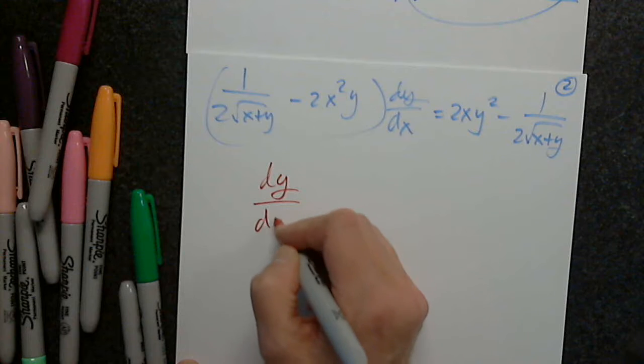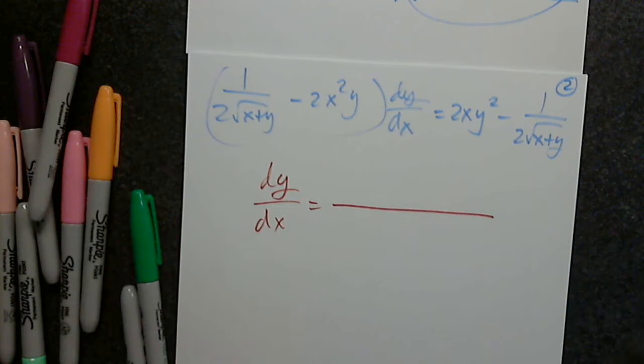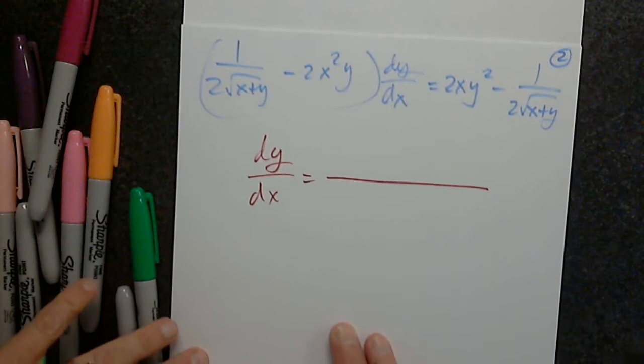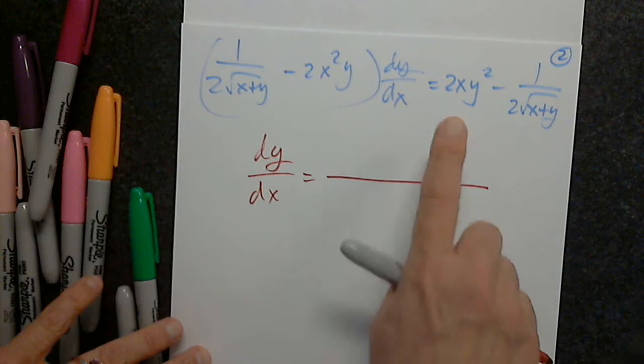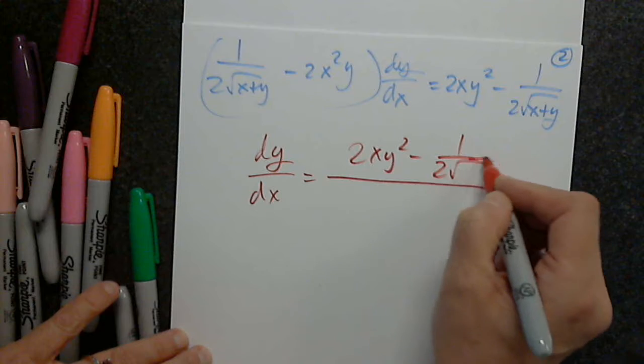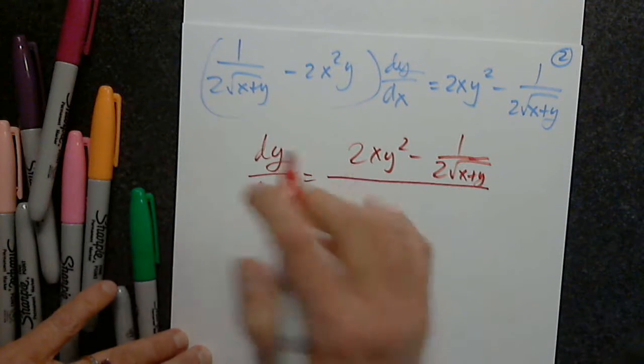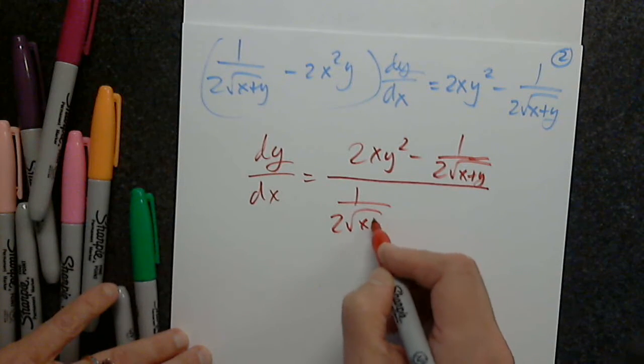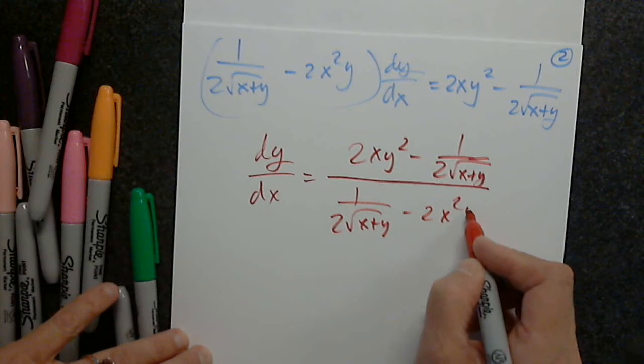Now we're almost done with this. Now please dictate what goes to the top. Right, 2xy squared minus 1 over 2 the square root of x plus y, and this is 1 over 2 the square root of x plus y minus 2x squared y.